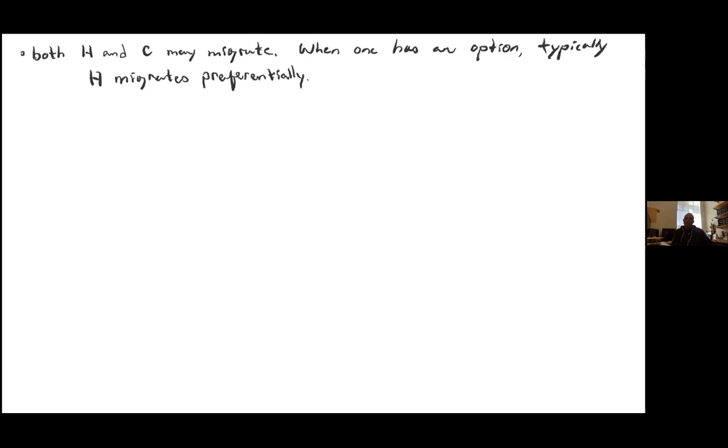So when you're given an option, typically H is going to go there. It's not a hard and fast rule, but it's a good guideline.